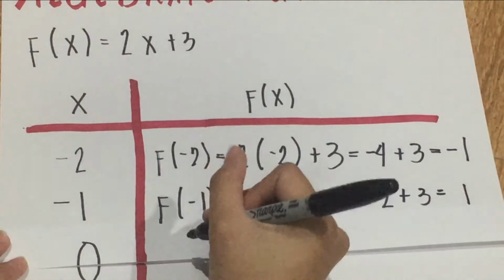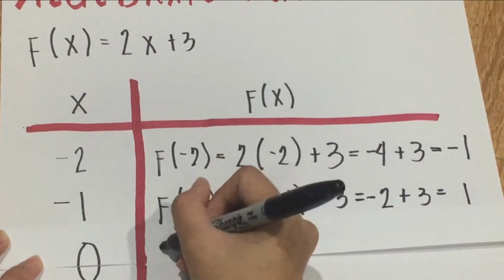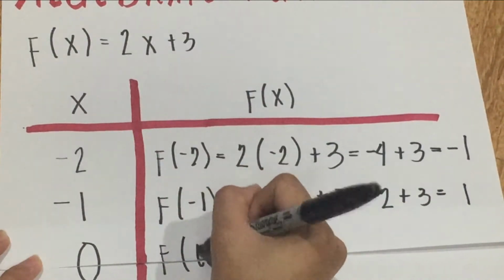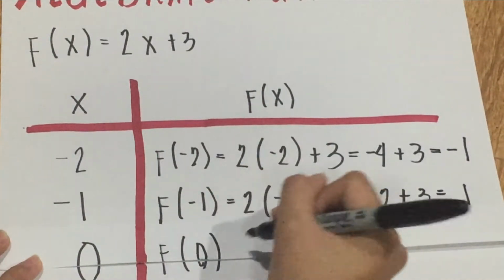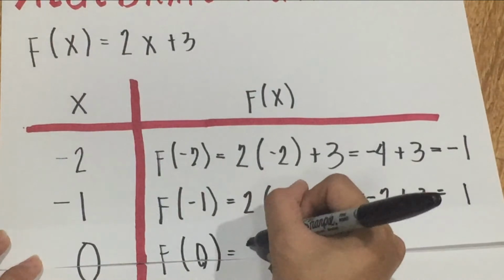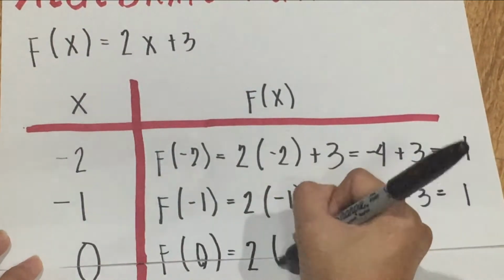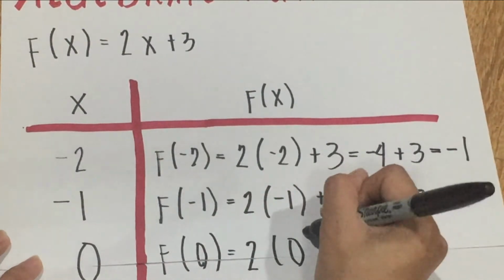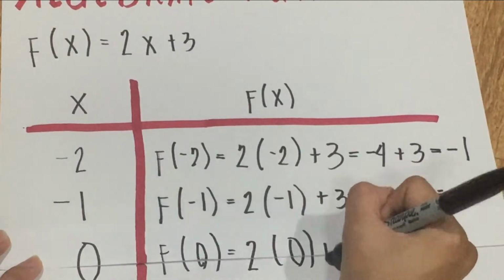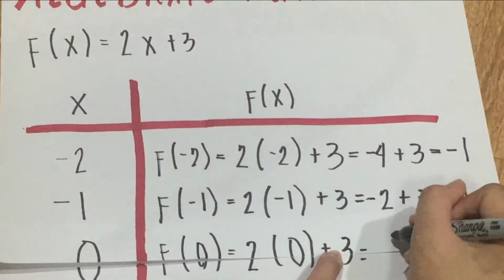And for the f of 0, 2 times 0 plus 3 equals 3 already.